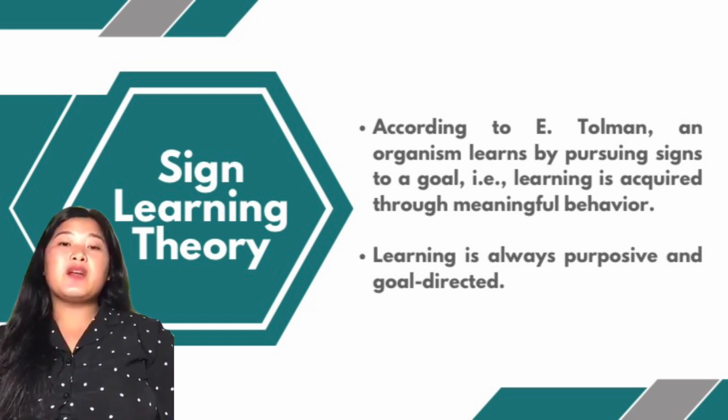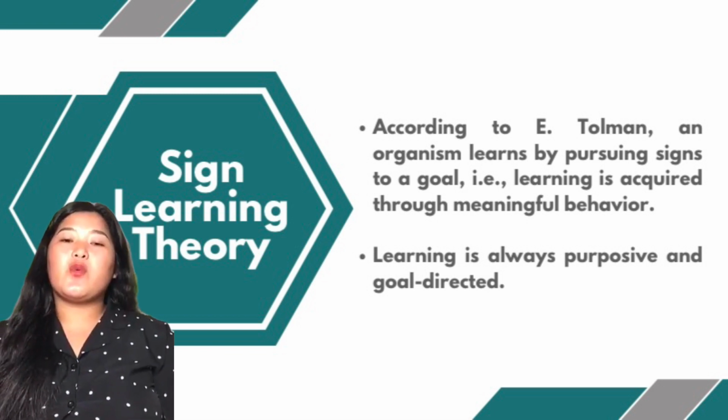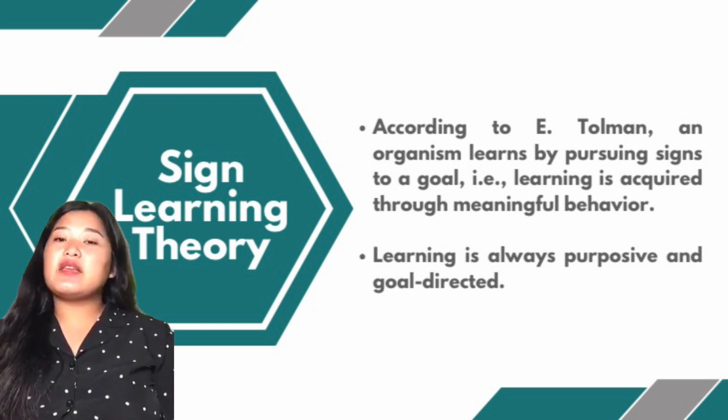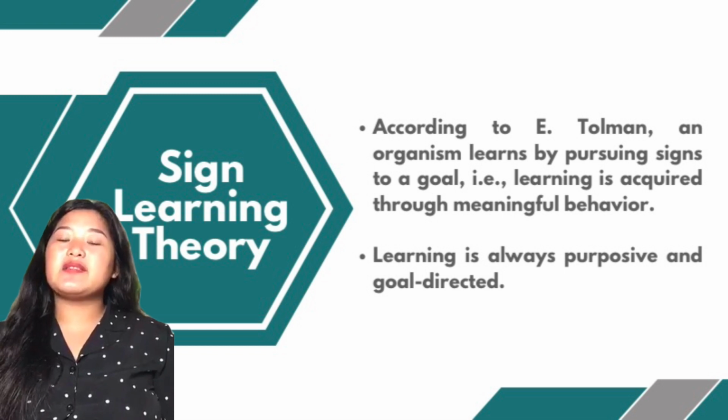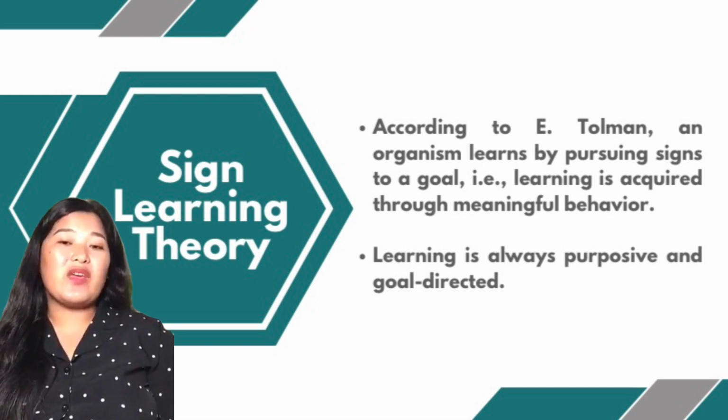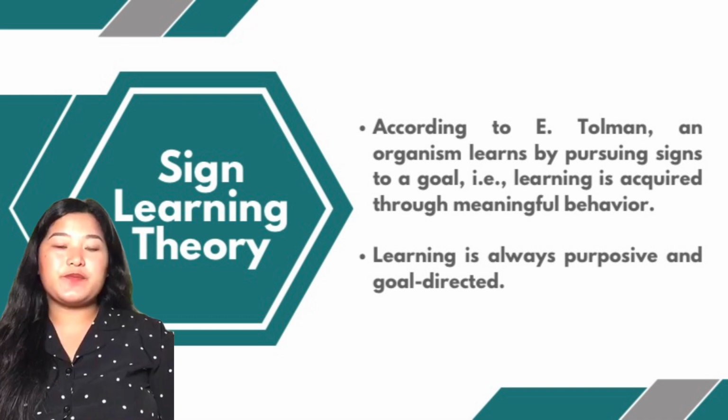Example: much of Tolman's research was done in the context of place learning. In the most famous experiments, one group of rats was placed at a random starting location in a maze, but food was always in the same location.